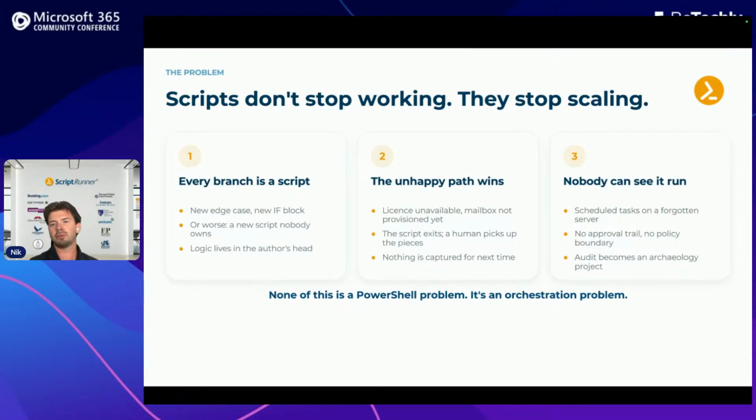For example, we have scheduled tasks on a forgotten server. No approval trail, meaning that everything is executed without anyone's approval. No policies, and as a result of it, audit and debugging becomes a difficult project. But none of this is a PowerShell problem or whatever scripting language you're using. This is more of an orchestration problem.